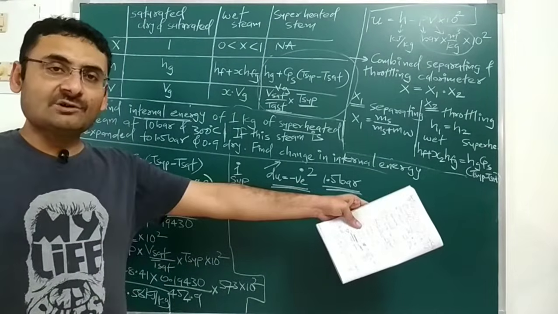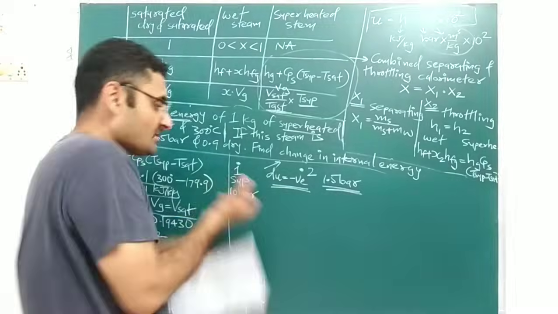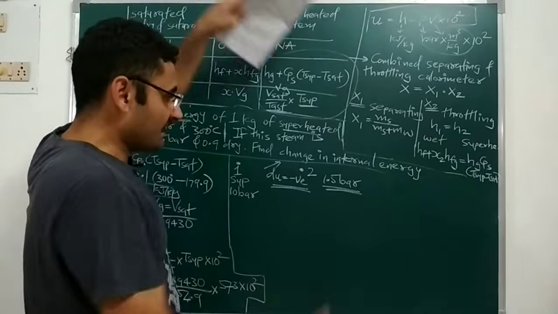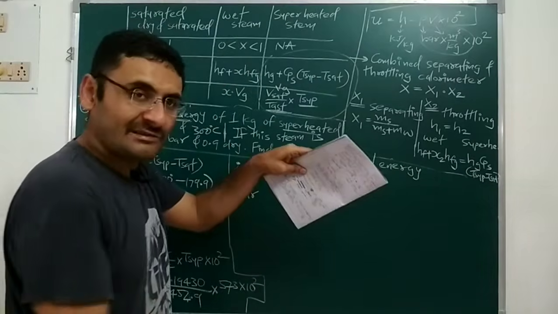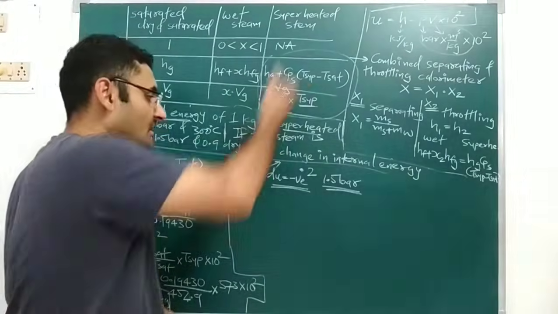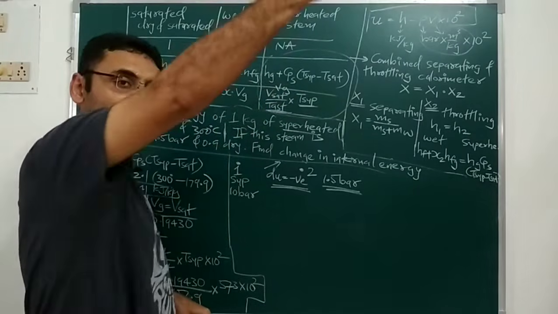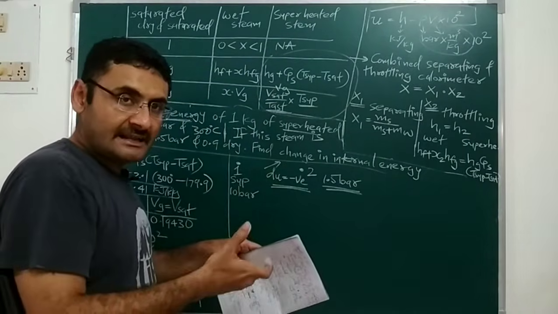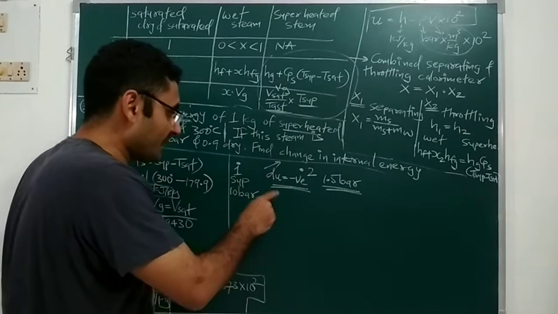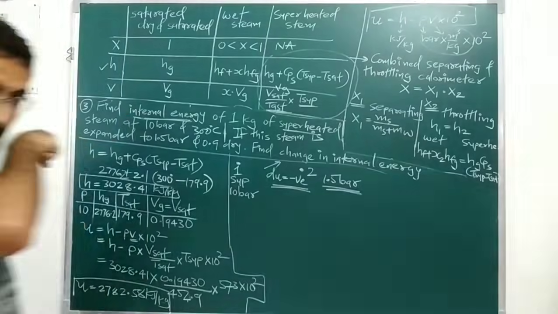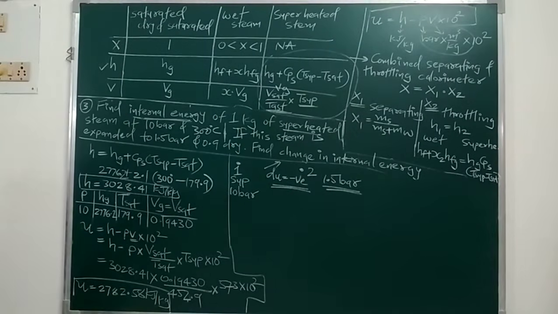Supposing it has a high amount of heat or temperature, when it is expanded, its temperature at point number 2 is decreasing. Why? Because heat is rejected, and when heat is rejected, internal energy is also rejected. That means in the steam, internal energy is decreasing. That is why the answer of change in internal energy must be in negative sign.